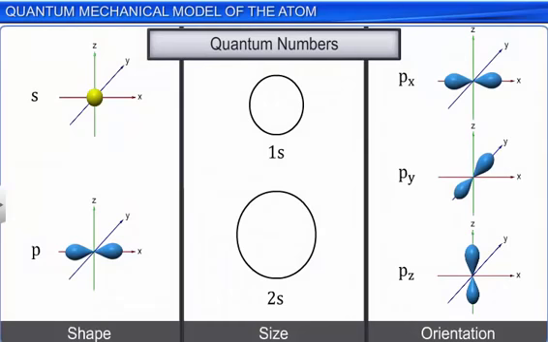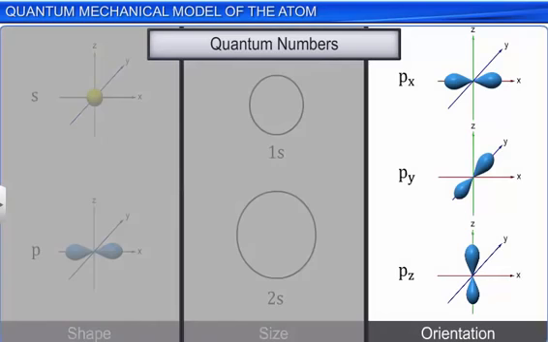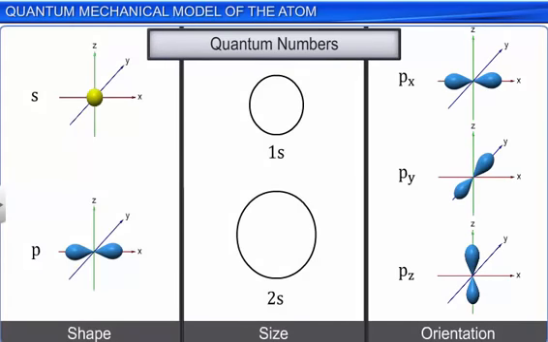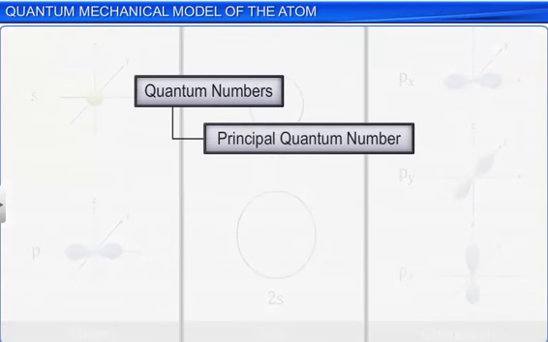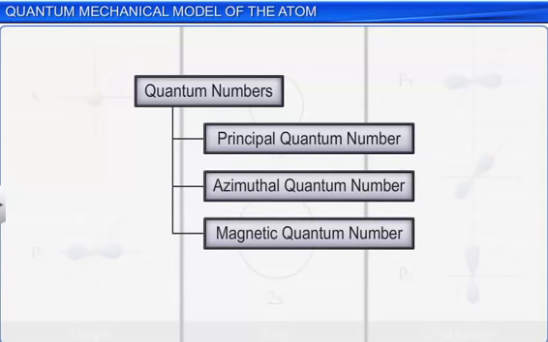Orbitals are distinguished from each other on the basis of shape, size, and orientation. The probability of finding an electron depends on these 3 distinguishing characteristics. Such orbitals are again distinguished by the principal, azimuthal, and magnetic quantum numbers.